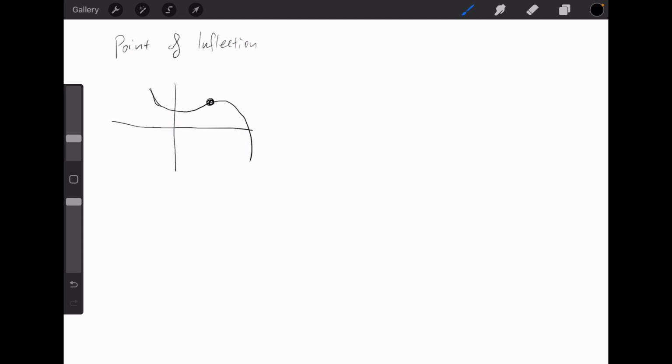So if this is my function, then here is a point of inflection, because the part before the point of inflection is concave up, and the part after the point of inflection is concave down.